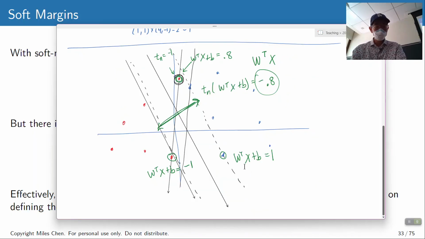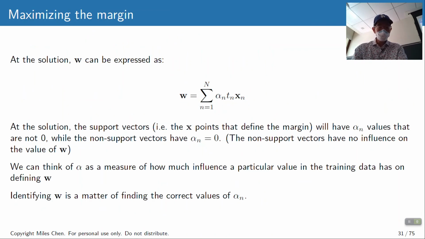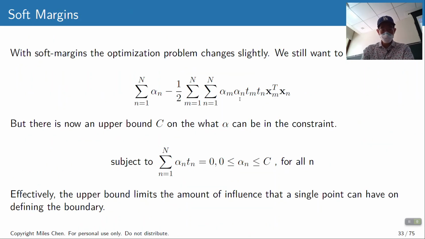When calculating the values of alpha, these are the points that end up determining the boundary, the W's times the alpha times your X's. We're putting an upper limit on alpha in that there are limits to how much a single point can have on defining the boundary.